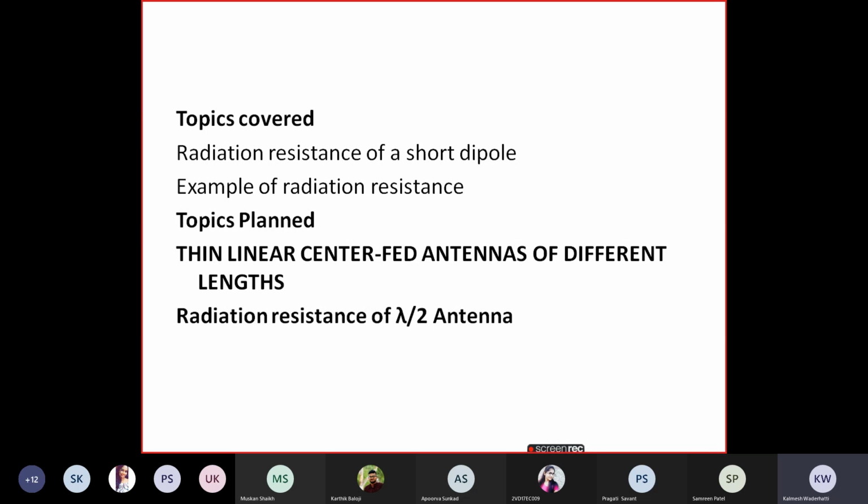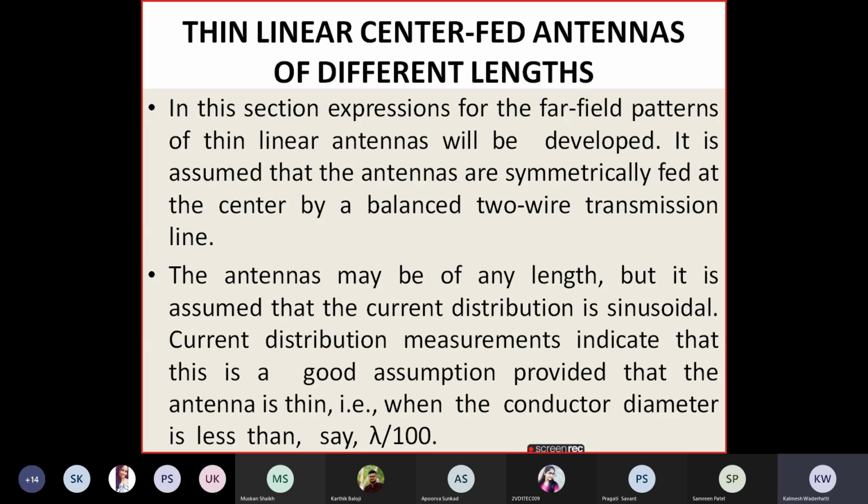The far field equations will be derived based on the current distribution of the thin linear antenna, and we will also discuss the radiation resistance of the lambda by 2 antenna in this class.